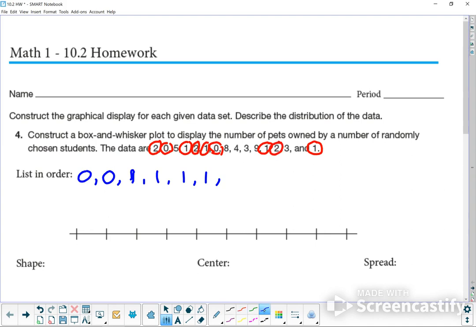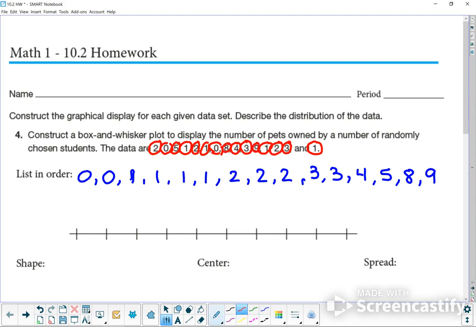Then 3 and 3. And then 4. Then 5. And then we got 8 and 9. And it looks like I got all of them.